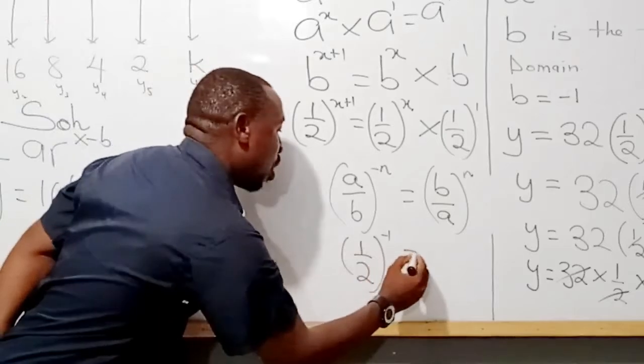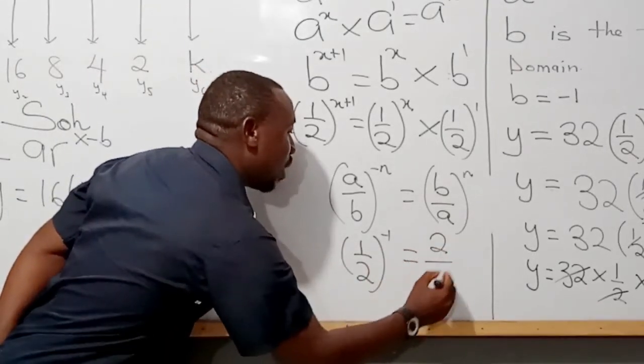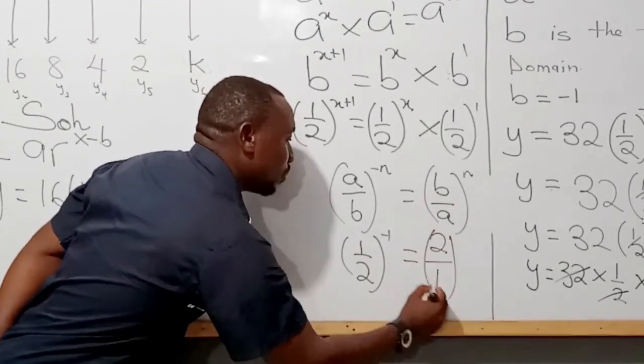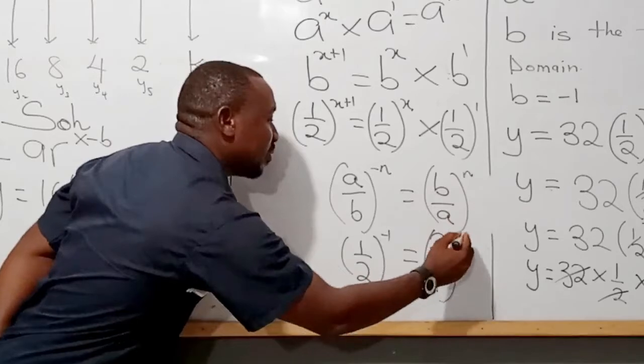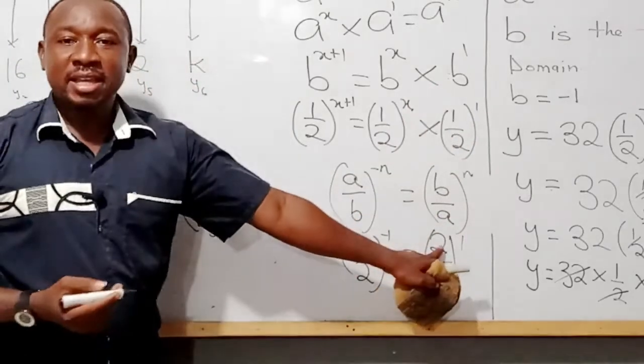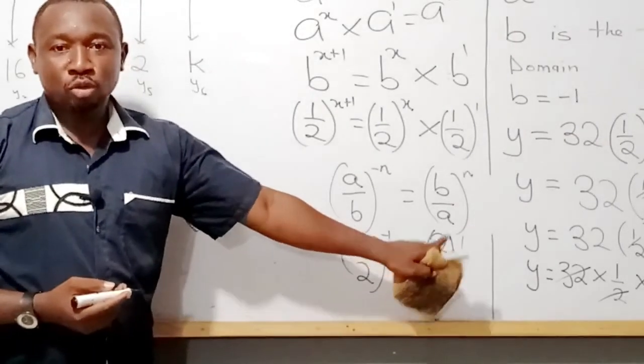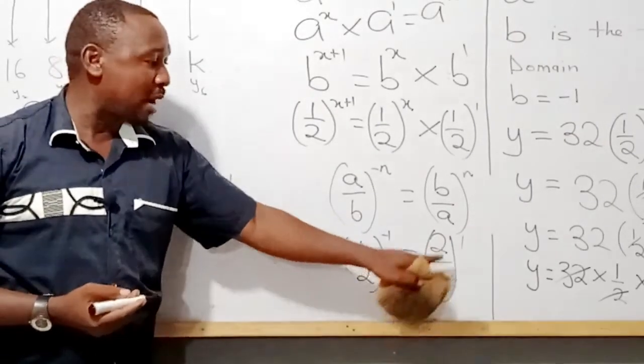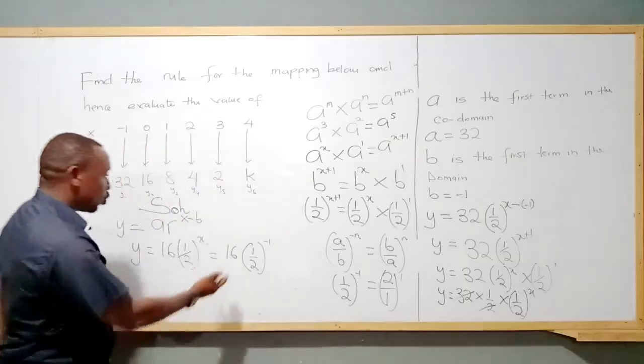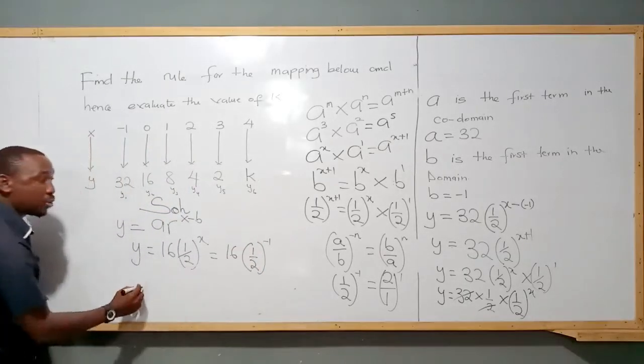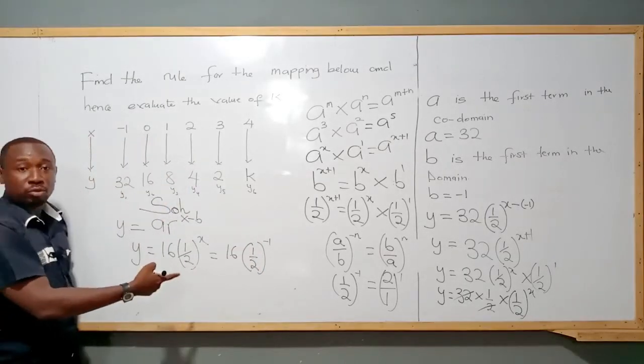So this will be 2 up, 1 down, positive 1. Positive 1 is nothing. So in effect, we have 2 over 1, which is the same as 2. So here, we are verifying whether our rule is correct.